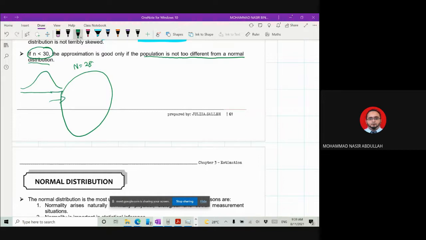But instead of having sample size more than 30, we have less than 30. So we still assume each observation from the population is normally distributed, but we need to use some modification. This modification is known as the T distribution.